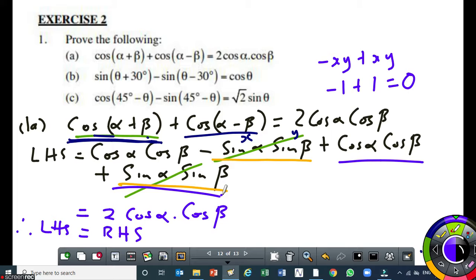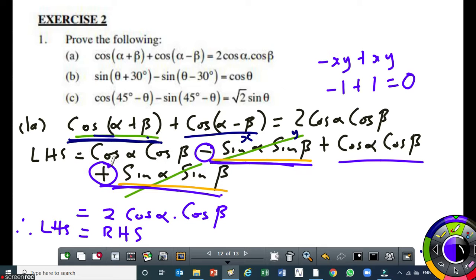Then if you look at it carefully, you find that this term, minus sine alpha times sine beta, and plus sine alpha sine beta, are going to cancel out because their signs are opposite. We have a minus here and a plus there.